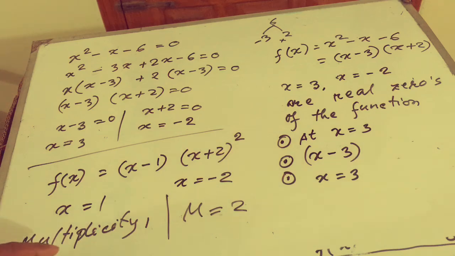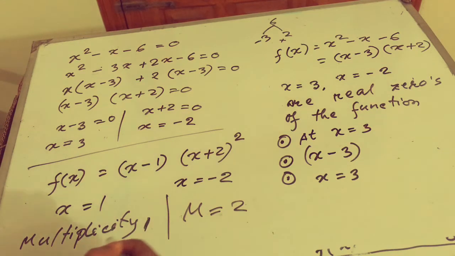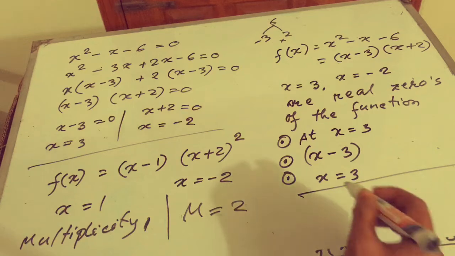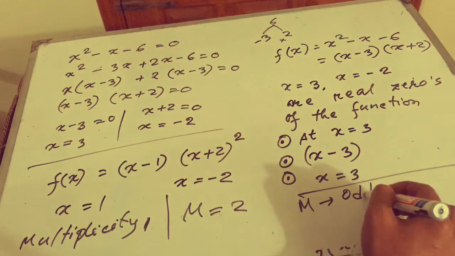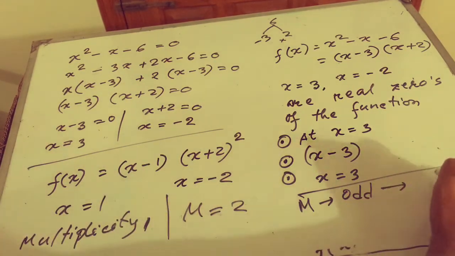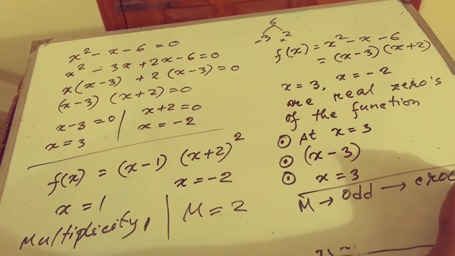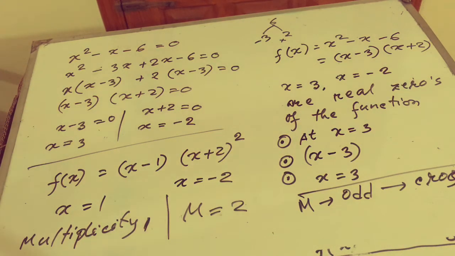And basically this multiplicity defines another interesting thing in the graph. If this multiplicity is 1 or any odd number, let me write it here. If the multiplicity is an odd number, then the graph will cross at that x-intercept.